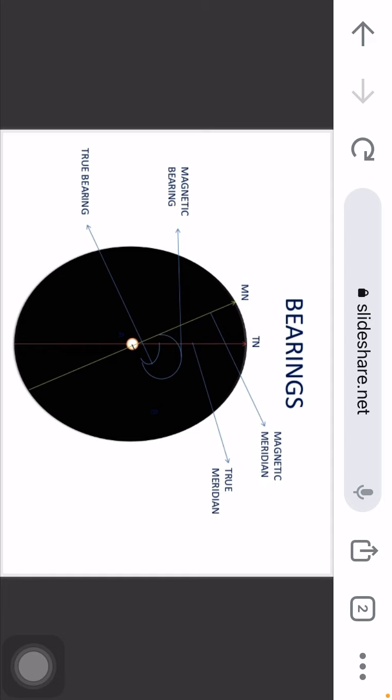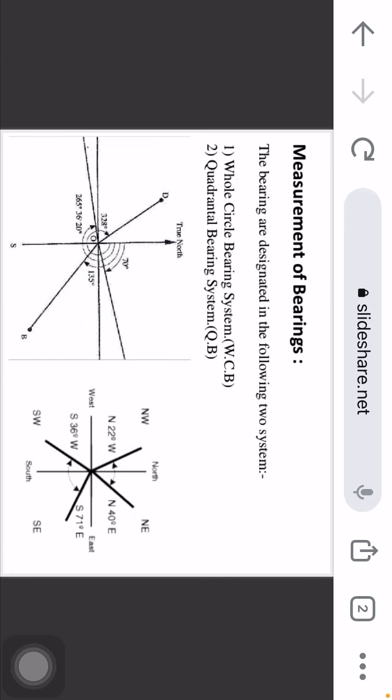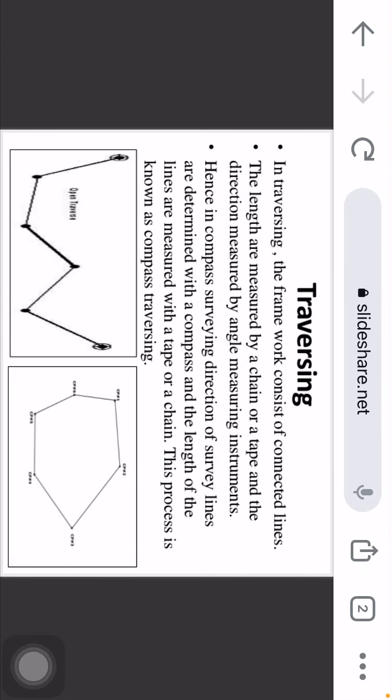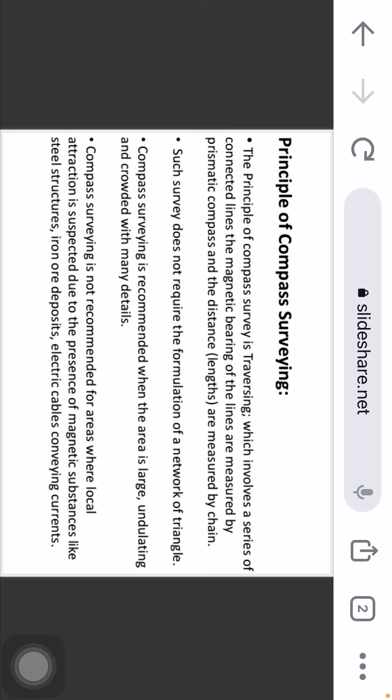Tn is the true meridian with respect to true north. Like this we will measure the bearings. This is the introduction to the compass, where we will be using the compass to measure the angle with respect to some meridians, that may be true meridian, magnetic meridian, or arbitrary meridian.